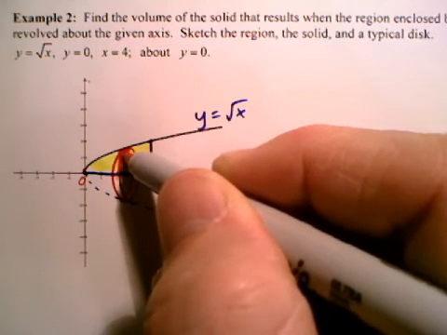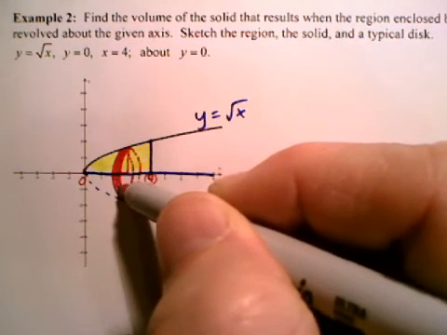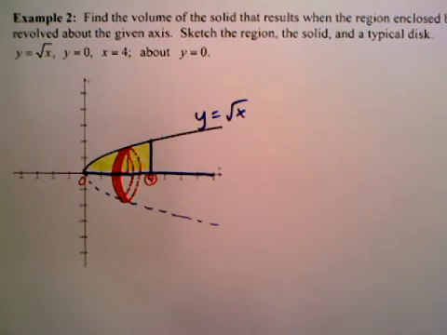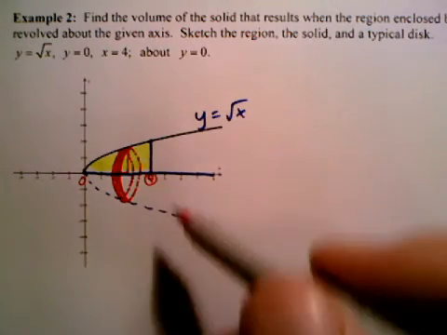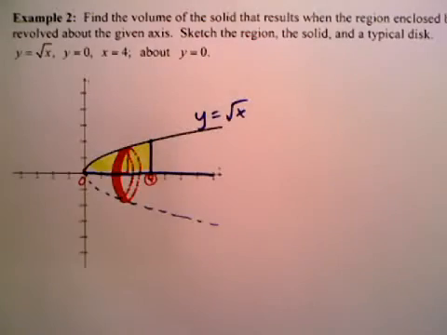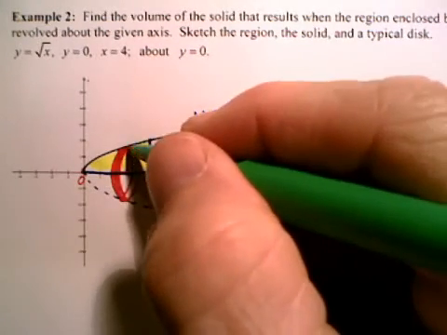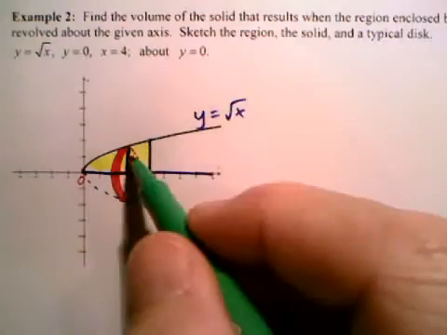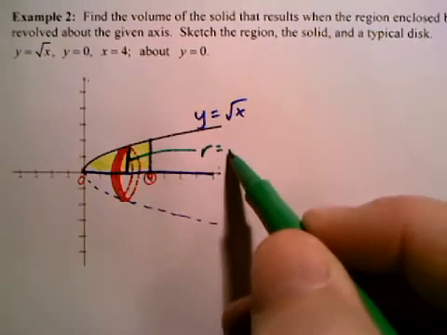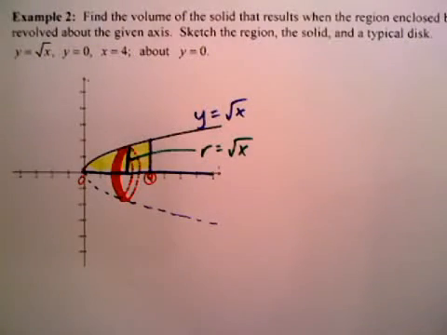I like to shade the part that comes out towards us. Again, this would look similar to the nose of an airplane or something like that, rotating around. The radius of this disk is just the function f of x, equal to radical x.